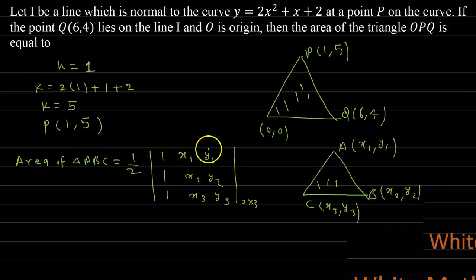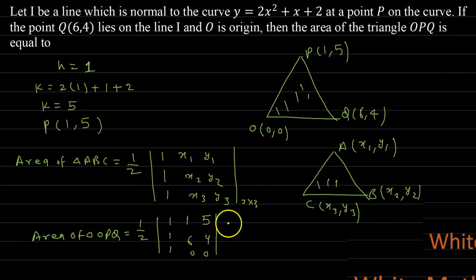In the same way, the area of triangle OPQ is 1/2 times the determinant, now with the coordinates: 1 5 1, 6 4 1 and 0 0 1.